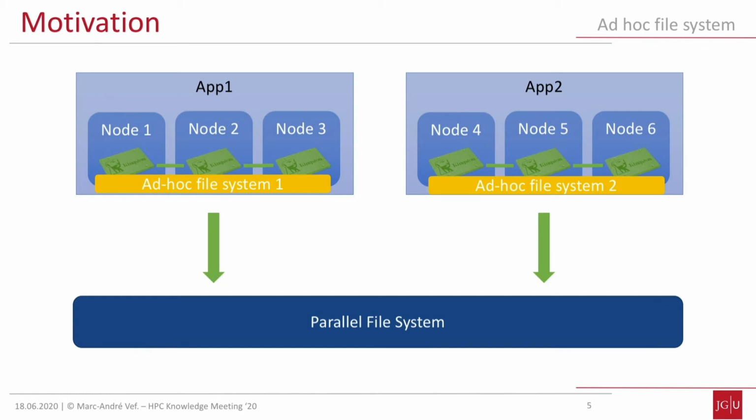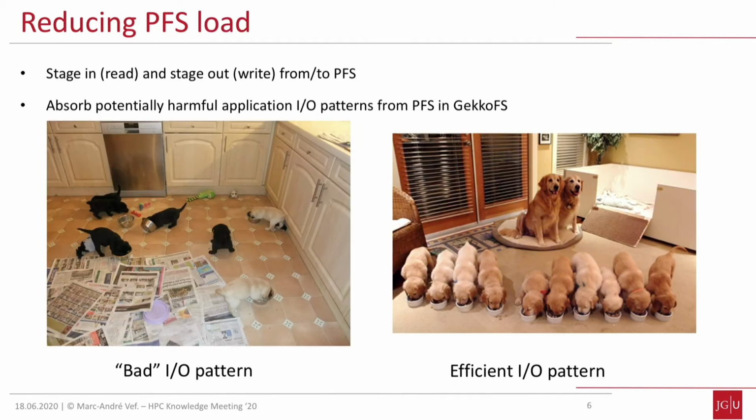In addition to potentially having better performance, depending on the environment, with an ad hoc file system, the application is using that file system without any interference. You can also make the case that applications with a bad I/O pattern, where the I/O operations are all over the place, are taken away from the parallel file system so that they don't interrupt other users as well.